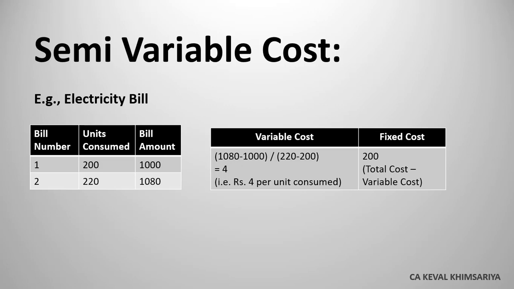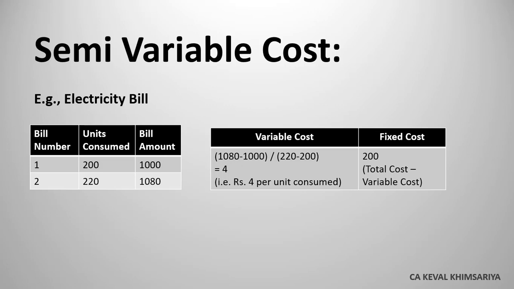And what is the fixed cost? 1000 minus 800, so 200 rupees is your fixed cost, right? So now if I consume 250 units, what should be my bill amount? I can calculate it easily because we have already separated fixed cost and variable cost.